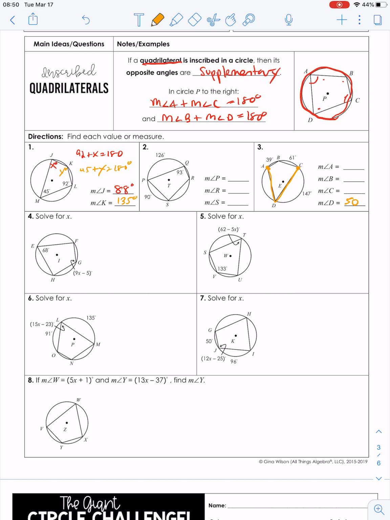Now we are looking for angle C. So we have our vertex, we have our endpoints. The arc we're looking for is here. So how do we find that? Good question.